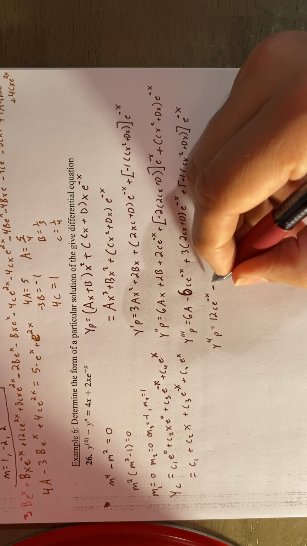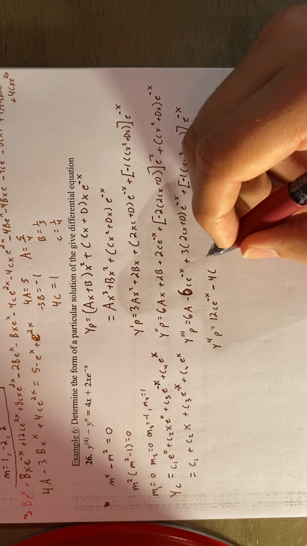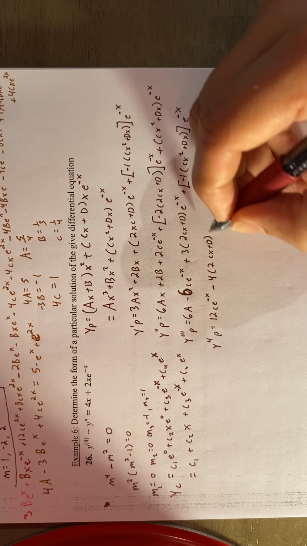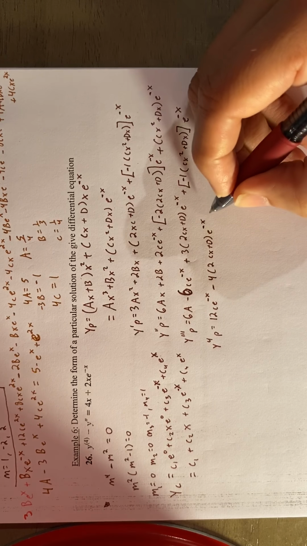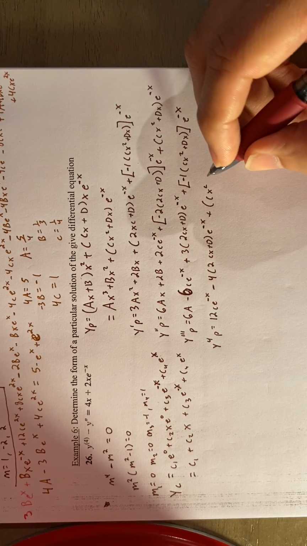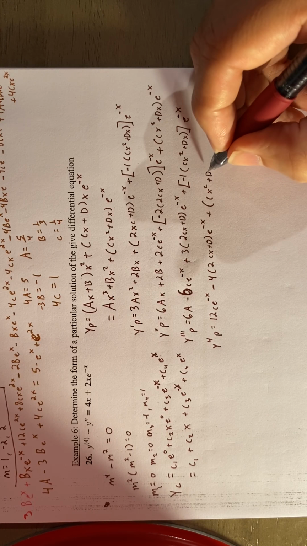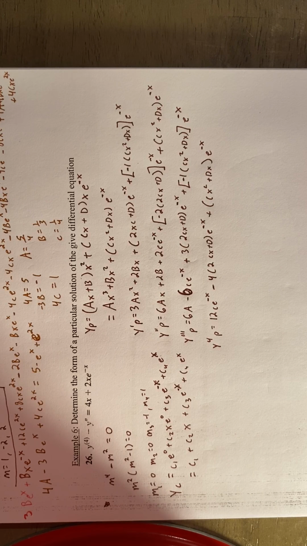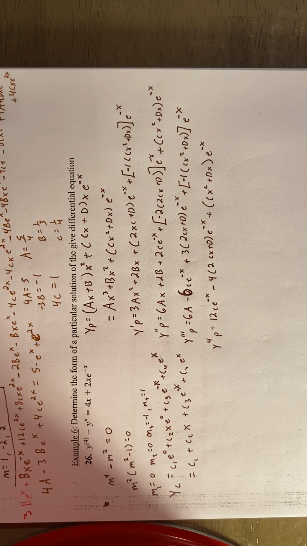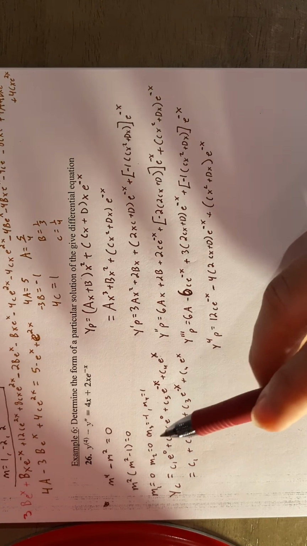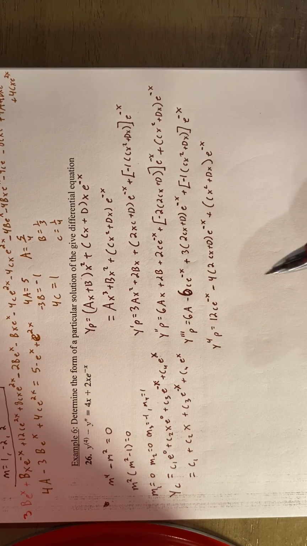Then minus 4 times 2cx plus d e to the negative x plus, and then I'm going to end up with cx squared plus dx times e to the negative x. And so this is what I have for all the derivatives. Now just to plug in. Now it's not going to be too bad to plug in here once we simplify everything.